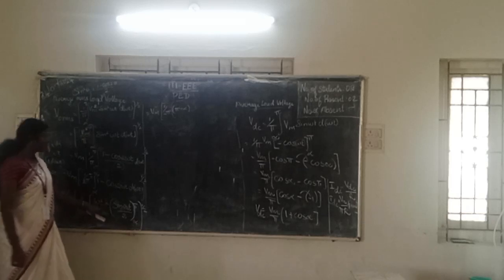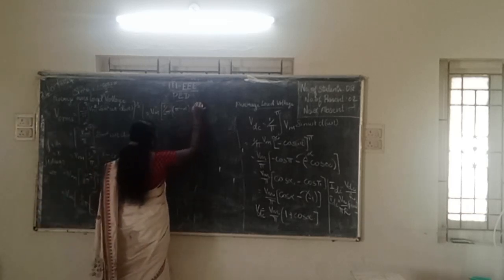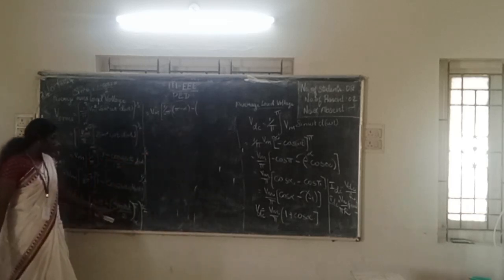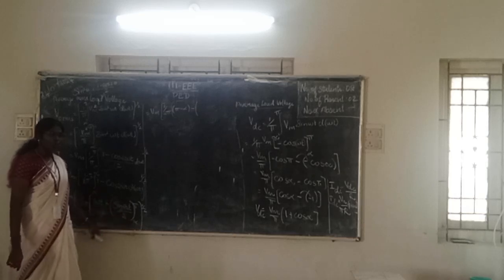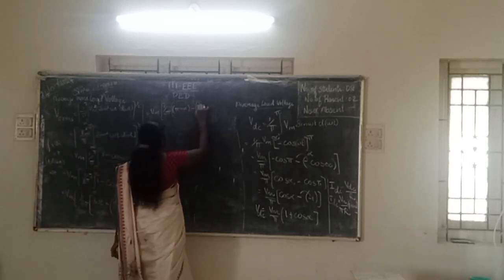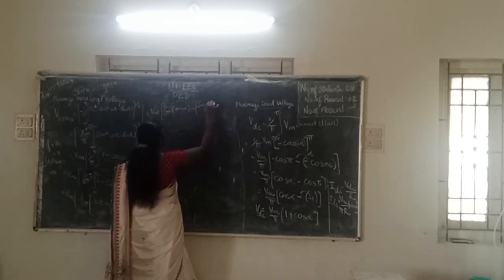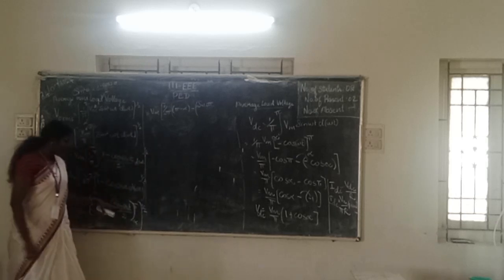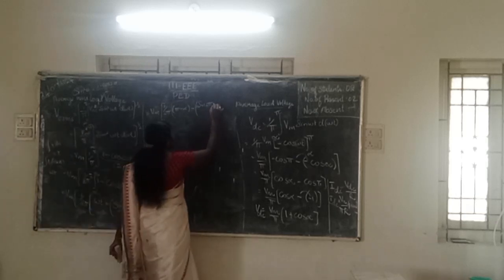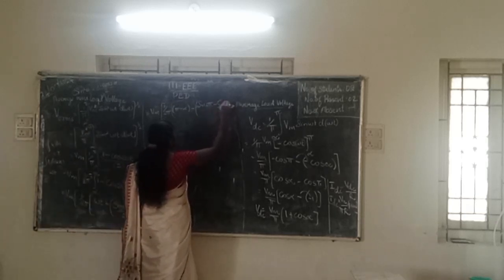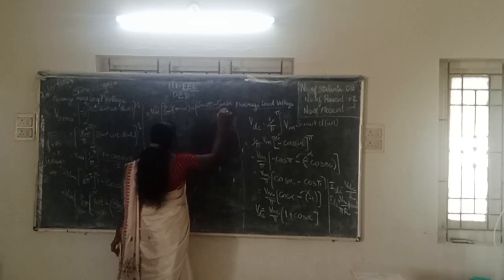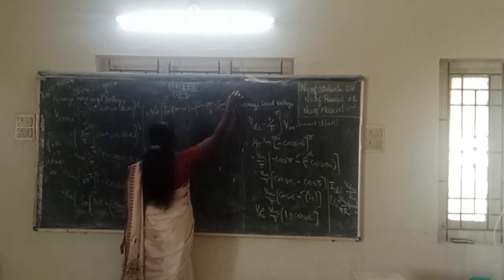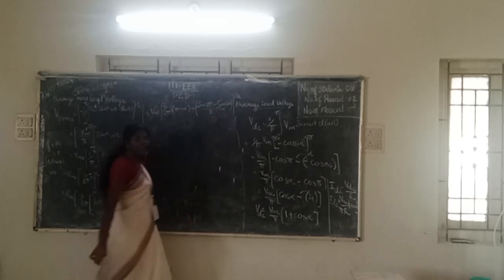Next, minus sin 2 pi minus sin 2 alpha, divided by 2, the whole power 1 by 2. Clear?